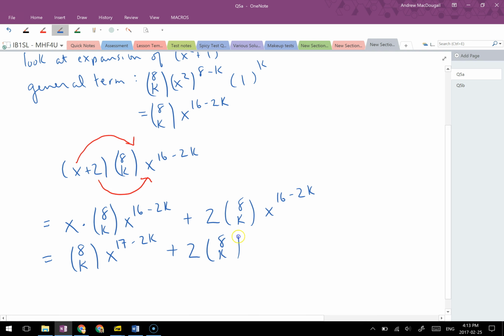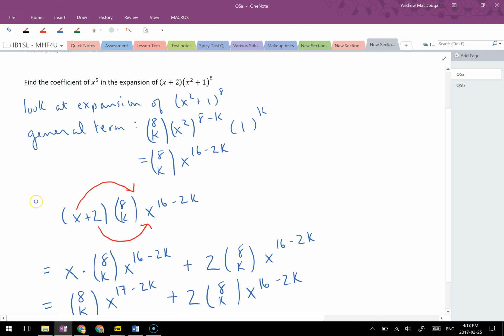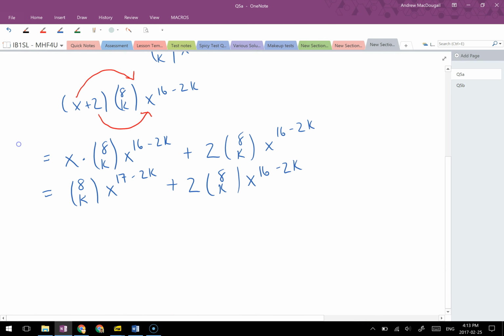And our other term we'll leave in that form. Now we want to find x to the power 5. So potentially an x^5 term could come from these left terms, or it could come from these right terms. So we have to look at each of those separately.